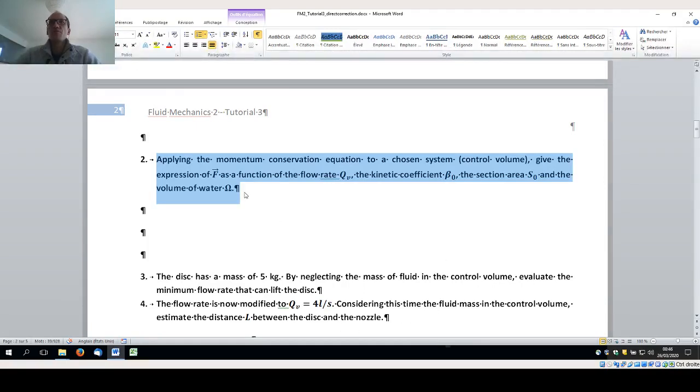What I will do is wait a few minutes so that you can try to solve this problem by yourself. What I advise you is to refer to your lecture notes and to see how you can solve this kind of problem.